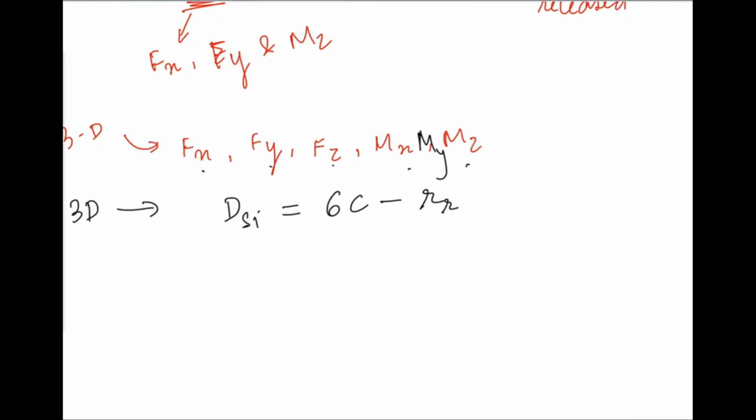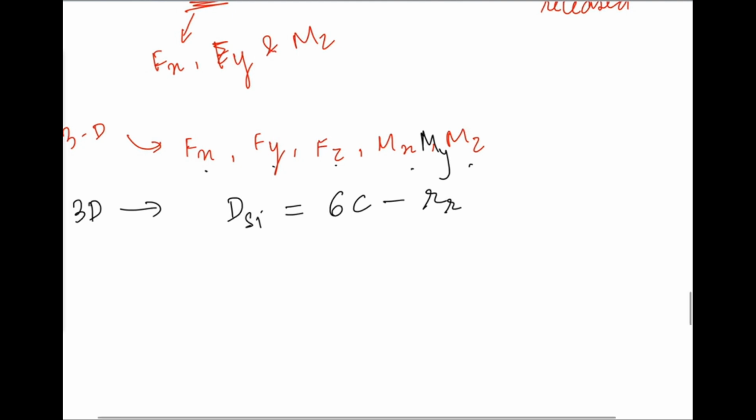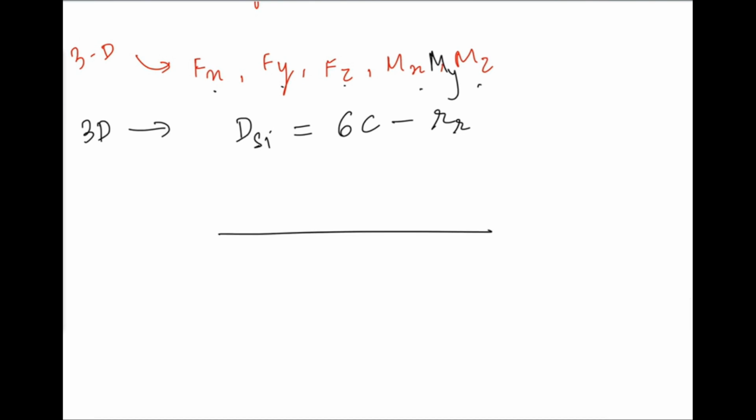So for example, if you want to see the total number of internal reactions released, you can take an example of, let's say, an internal hinge. What we know is that in an internal hinge, the moment about the internal hinge is equal to 0. Exactly.